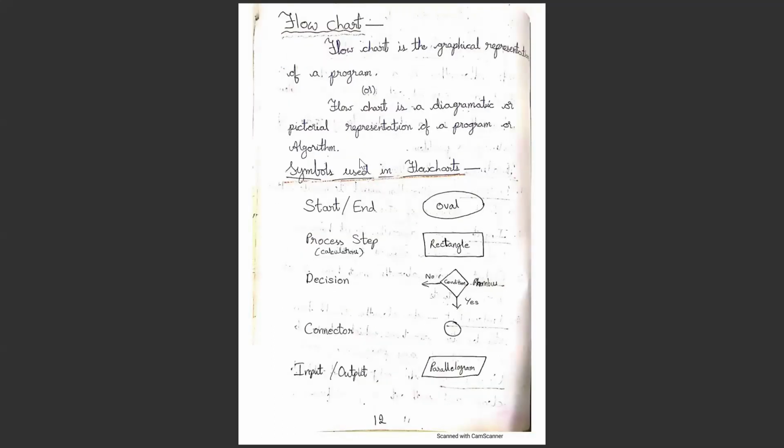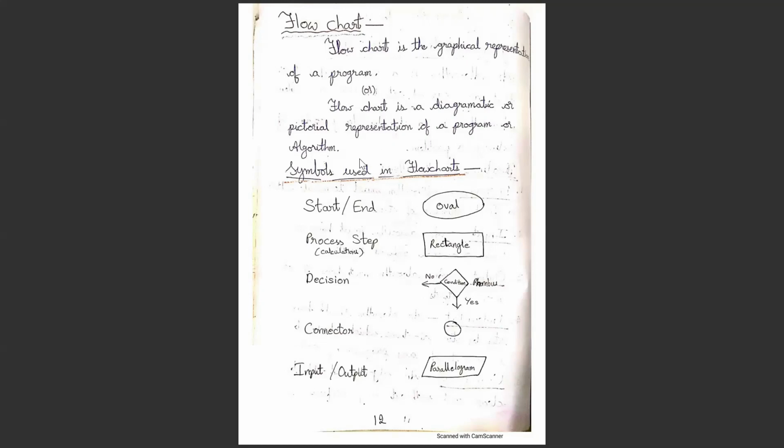Then comes the question, what is a flowchart? A flowchart is a graphical representation of a program, or it can be said to be the pictorial representation of an algorithm. Whatever algorithm you're going to perform will be expressed in terms of diagrams here. Just see here, we have symbols.